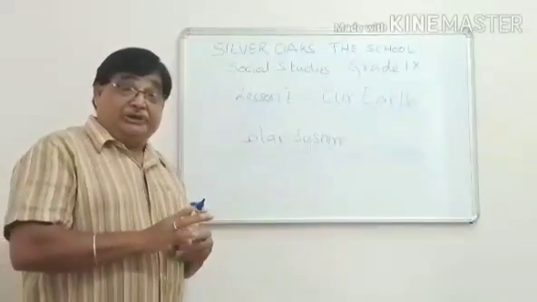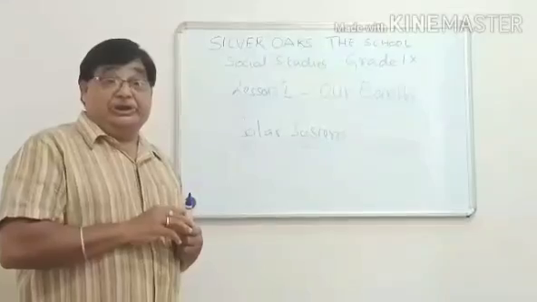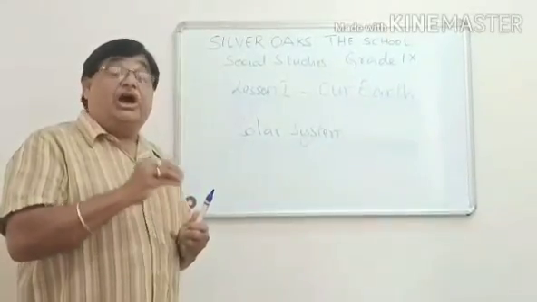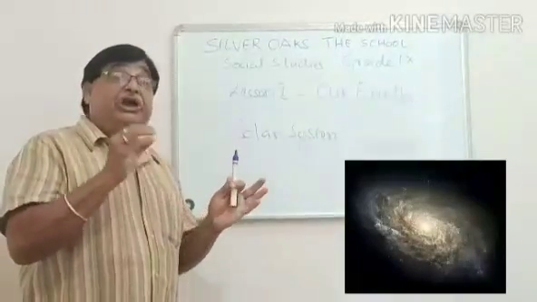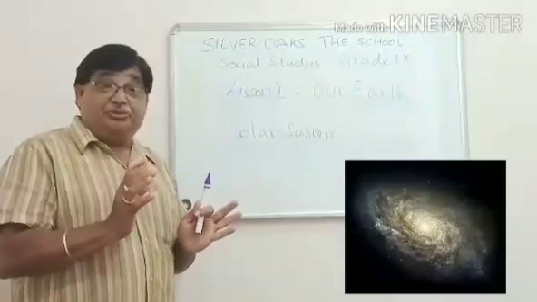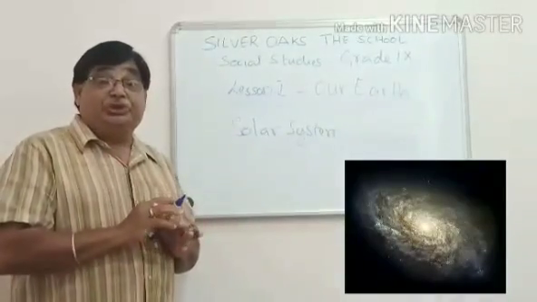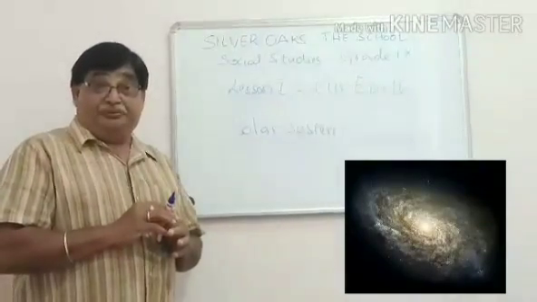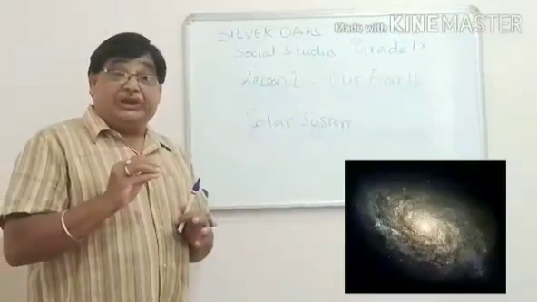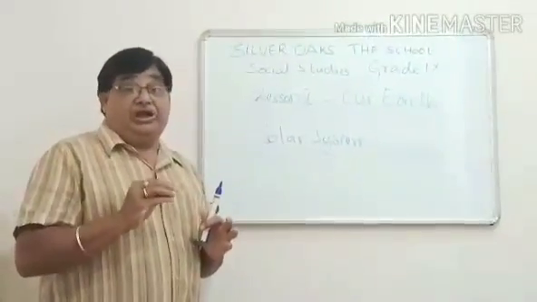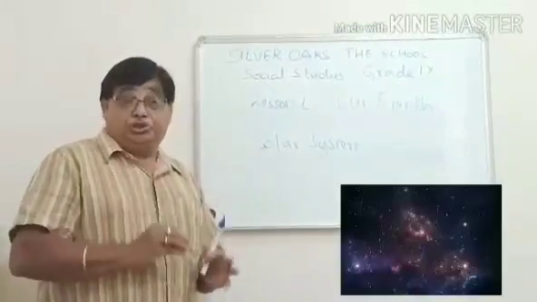The Sun and the planets revolving around it are part of a star system that is known as a galaxy. And there are millions of galaxies in the universe.